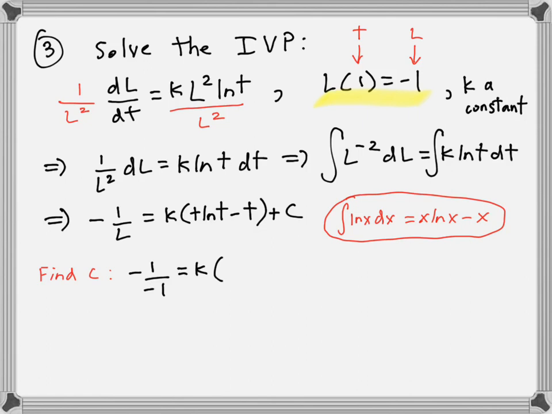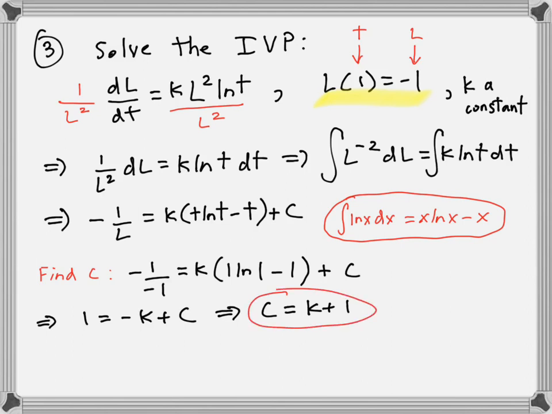T is 1. The natural log of 1 is 0, and so here's what we end up with. So if we solve for c, we get c is k plus 1.